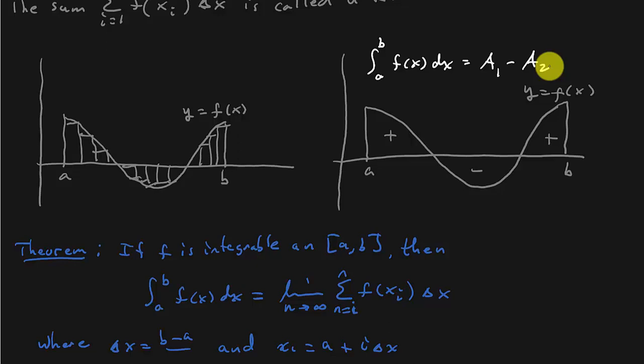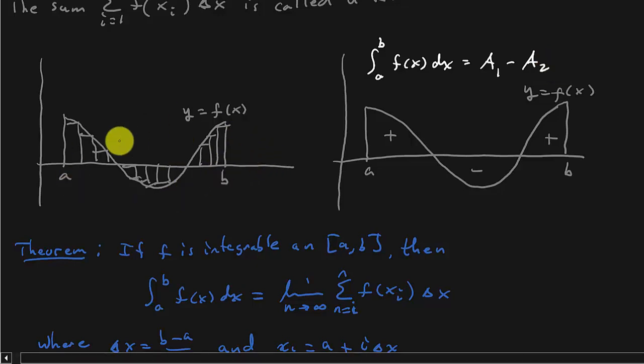It's not necessarily these graphs here when I'm talking about A1 and A2, but A1 would be above the x-axis but below the graph, and area A2 would be below the x-axis but above the graph. That's what they mean there.